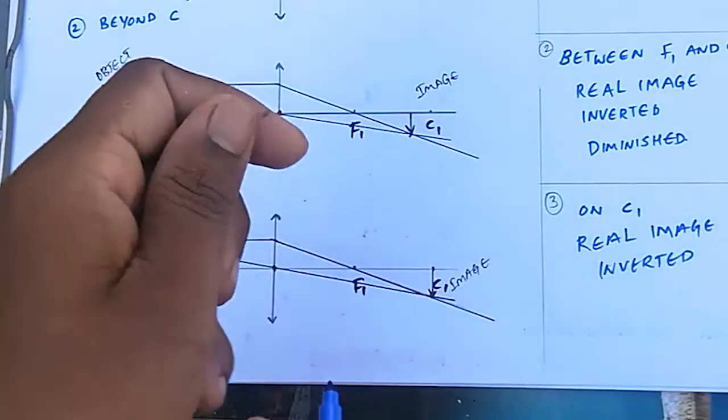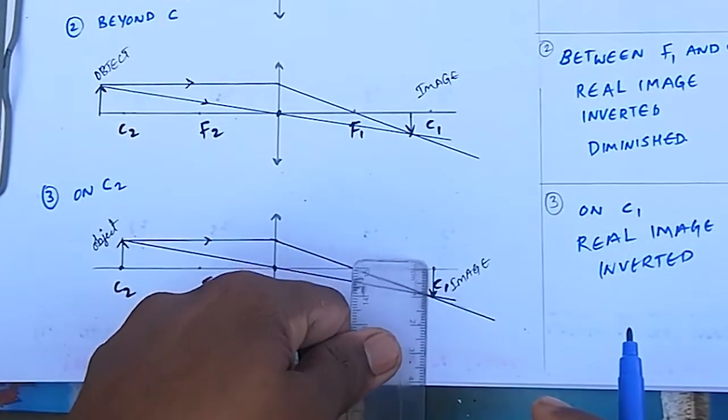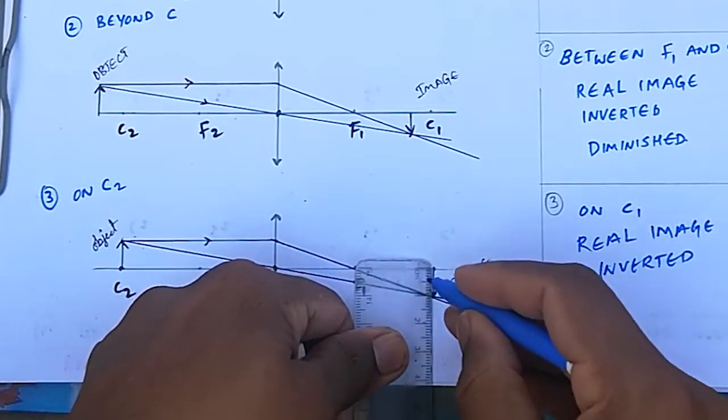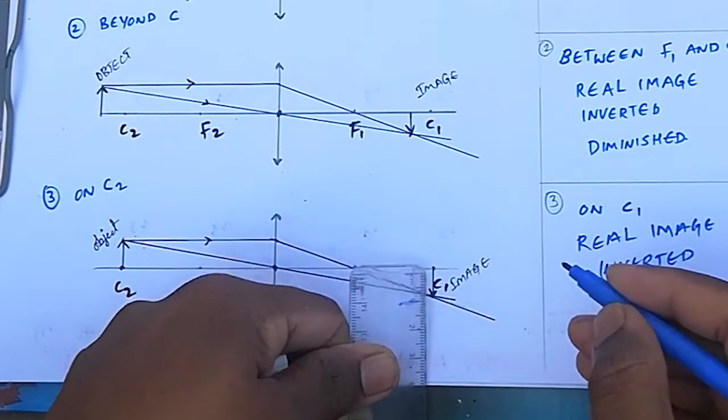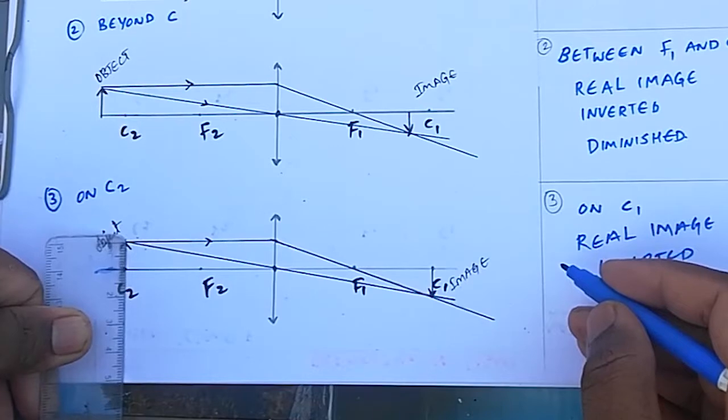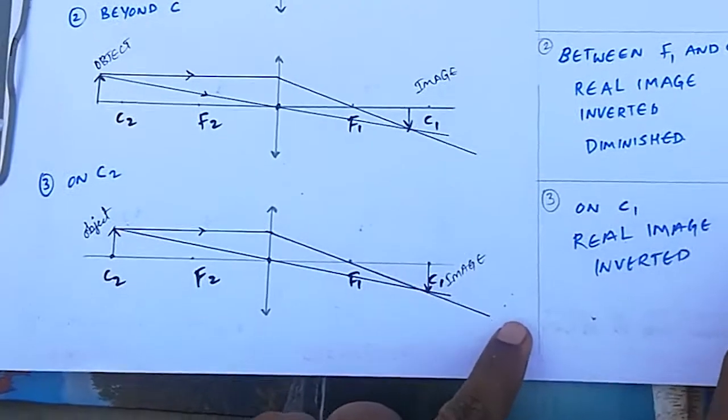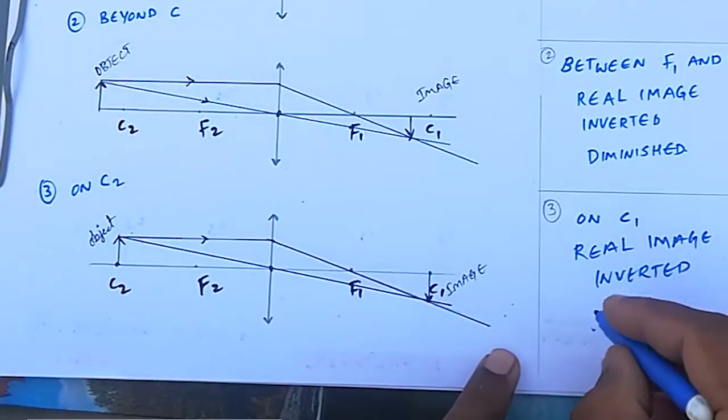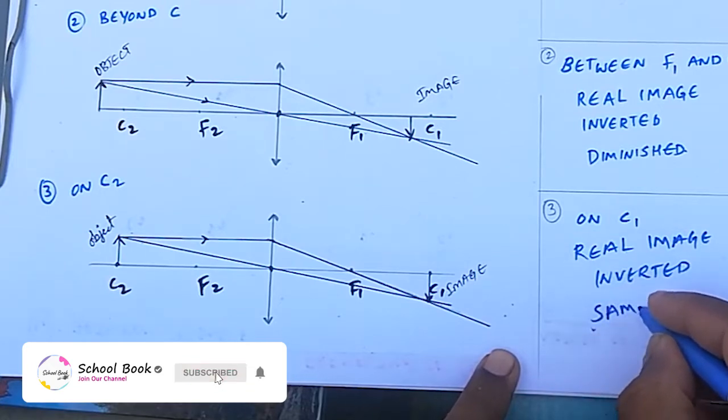If you observe the size, it is also the same, 1 centimeter length. This one is 1 centimeter, and this one is also 1 centimeter. That means it is not diminished, it is the same size.